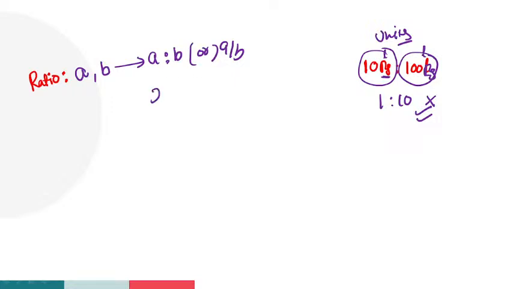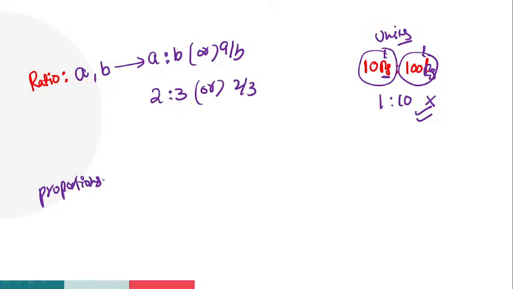For example, 2 is to 3 or 2 by 3 is the same, guys. Just remember, ratio means two quantities of the same units. Ratio means similarity, right? And coming to the next one, proportion.